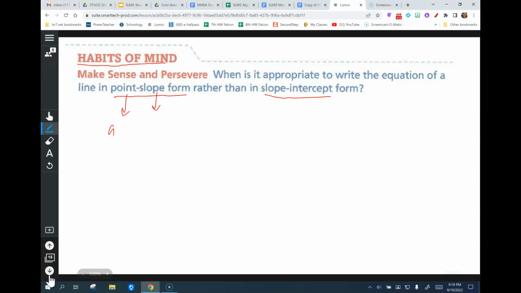If I'm given a point and the slope, or if I'm given 2 points, I can use those 2 points to find the slope and then choose one of the points and find my equation. Point slope is going to be a little easier. With slope intercept, I'd have to solve for b.